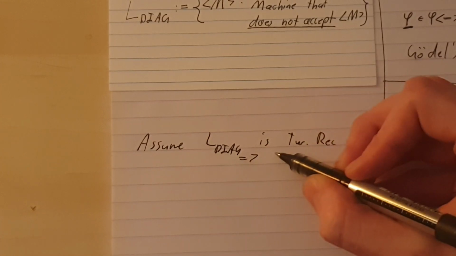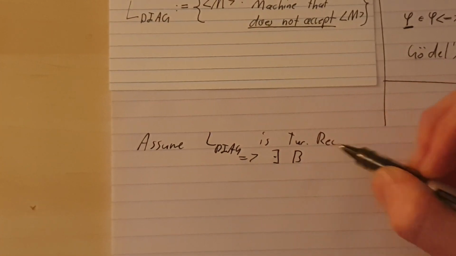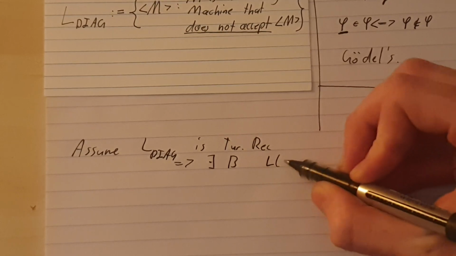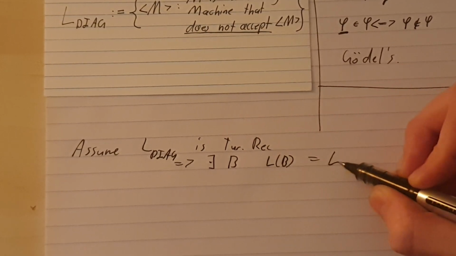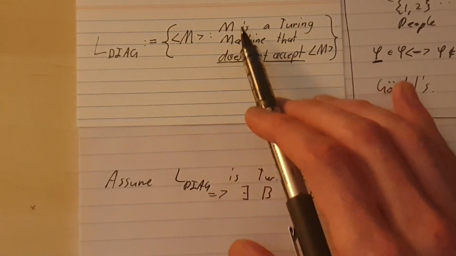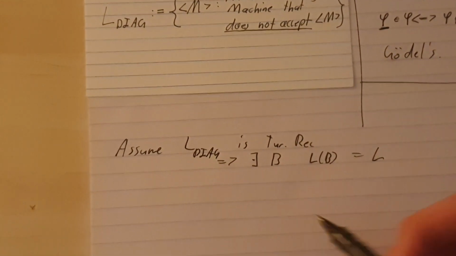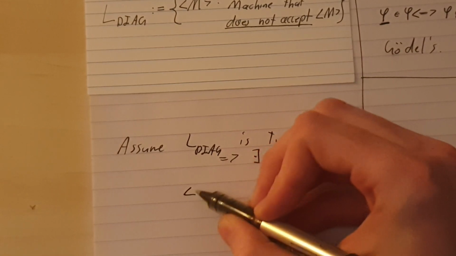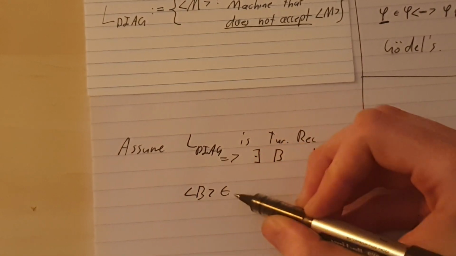That assumption would imply that there is a machine B, say, where the language of B is L. Now, of course, we're thinking of B as being vaguely the same as the language. So we ask, is the encoding of B in L-DIAG?